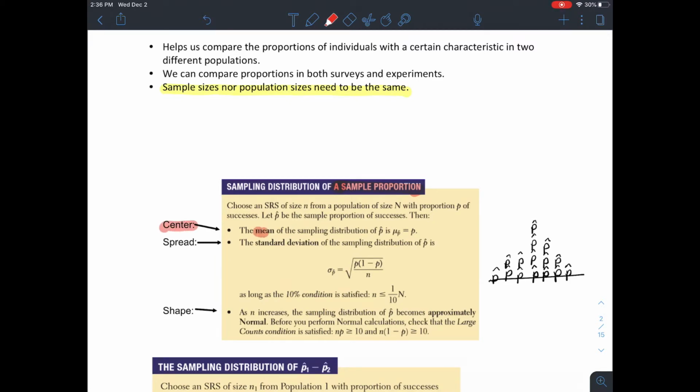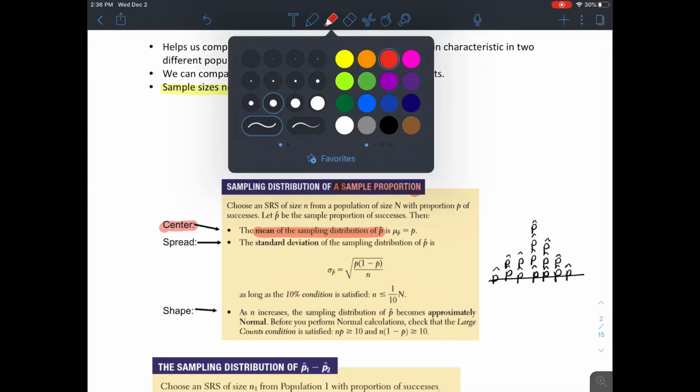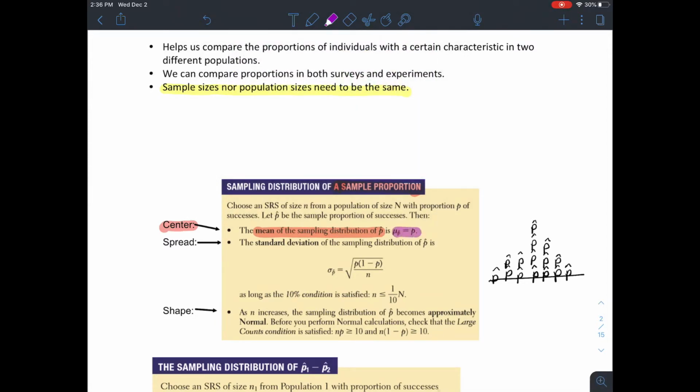We had learned before that the center of your sampling distribution, the mean of the sampling distribution, is exactly spot on with whatever the population proportion is. That's an unbiased estimator. The spread is found by using this formula, which is on the formula sheet.